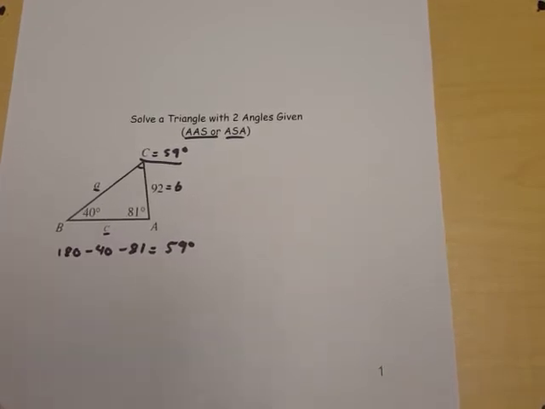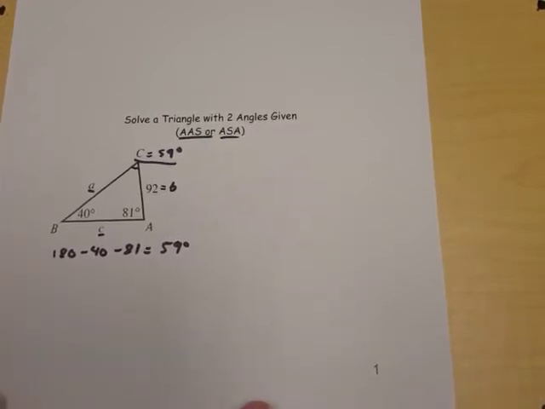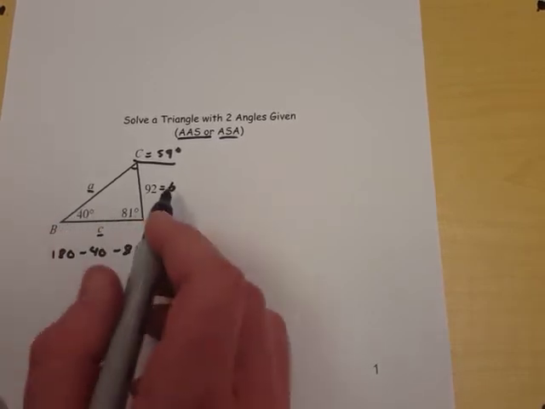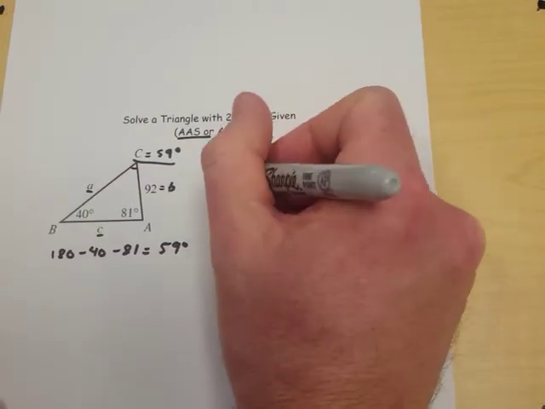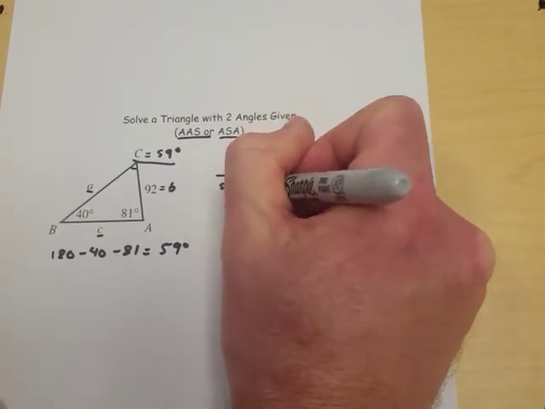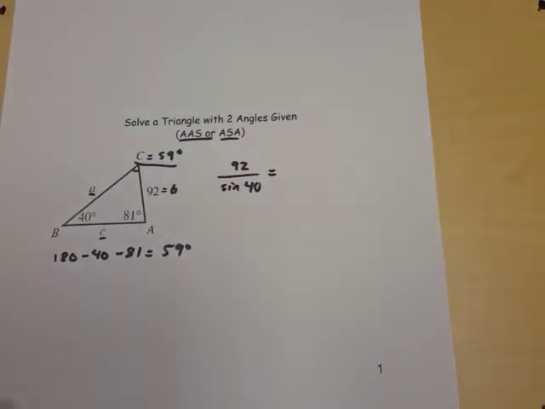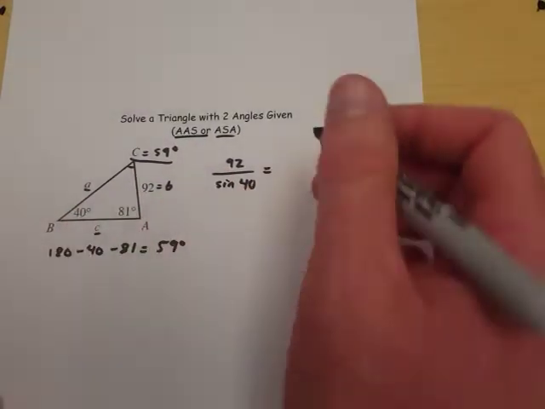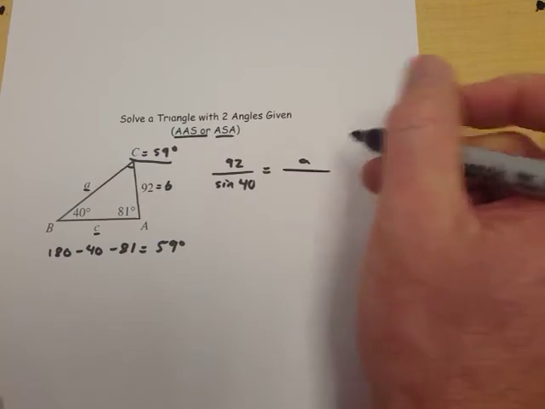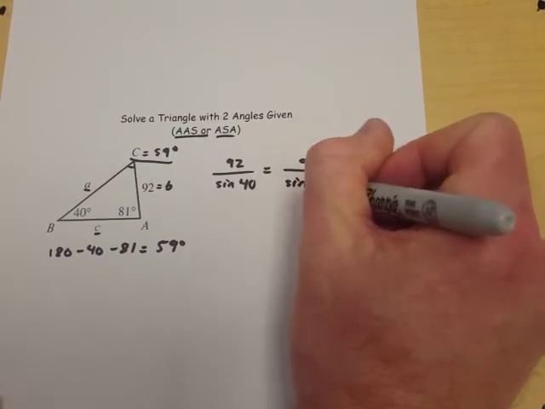Let's flip it around. I think that's just easier to work out the algebra that way. We will take the pair that we have, though, and we'll call it 92 divided by sine 40. And we're going to set that equal to whatever pair we like to start with. Maybe let's start with A. So little a over sine of 81.